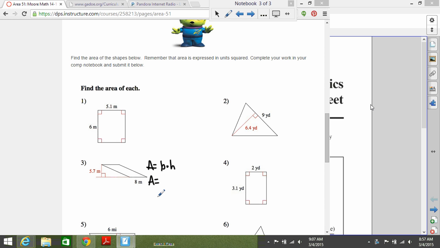Okay, what's the base? What's the bottom, the base? 8 times the height. What's the height? Okay, now we calculate. 45.6 meters squared.